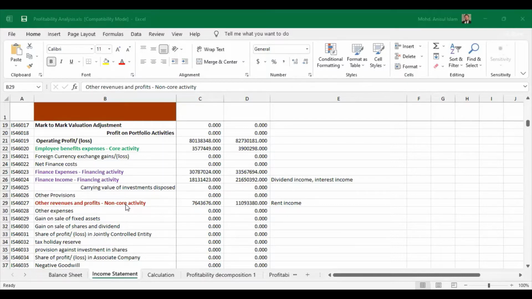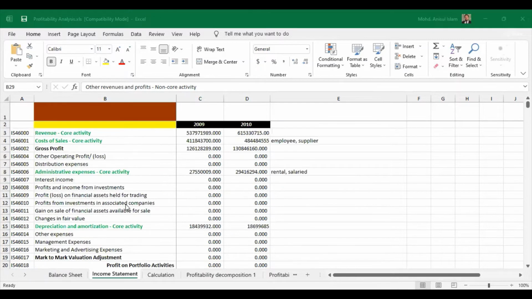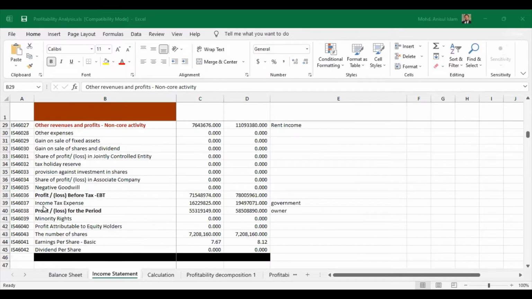So to precisely identify what kind of income or what kind of expense it should be, we need to precisely know the nature of the business of the company. Other than this, can you recall that this income tax expense we allocate in the reformulated financial statements into 3 sections.